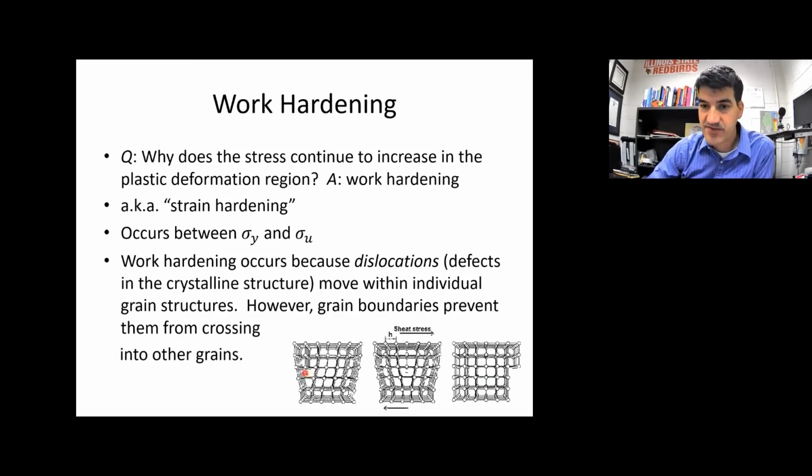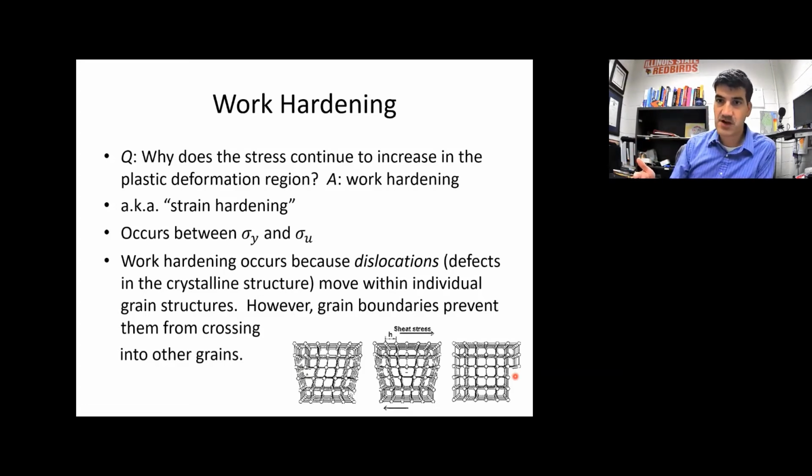Now the defect moves over to here. And then I keep pulling on it, and the defect moves over to here. So I'm causing these, they're called dislocations. The defect is dislocated.